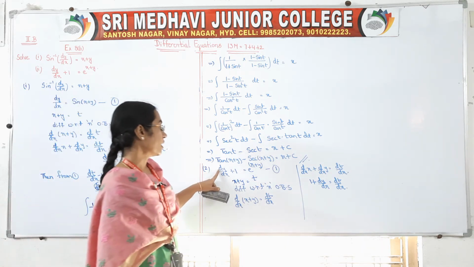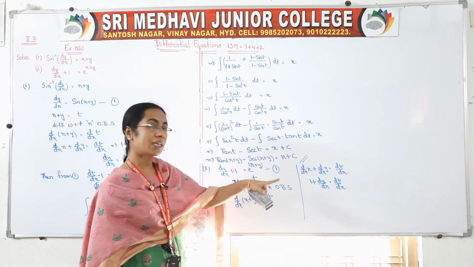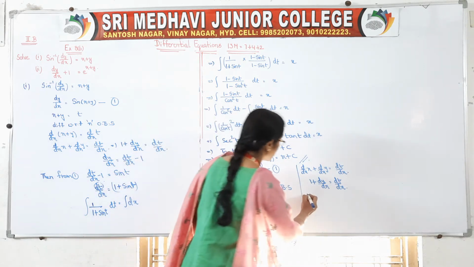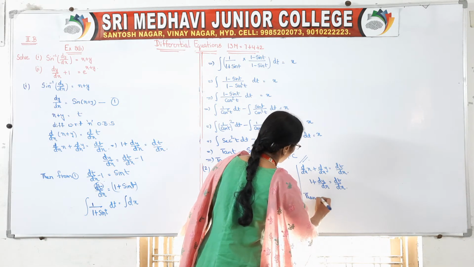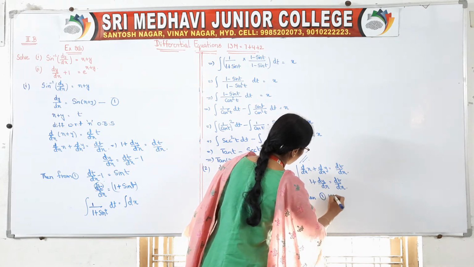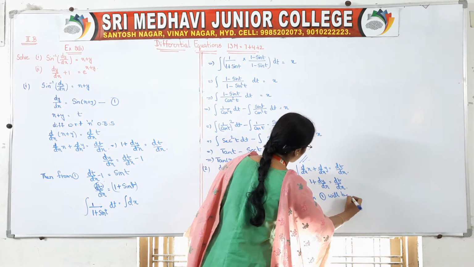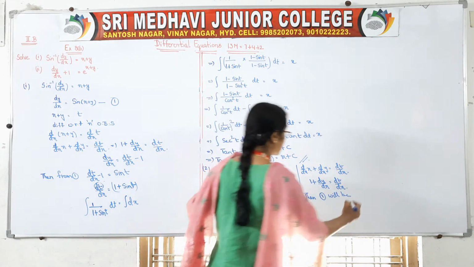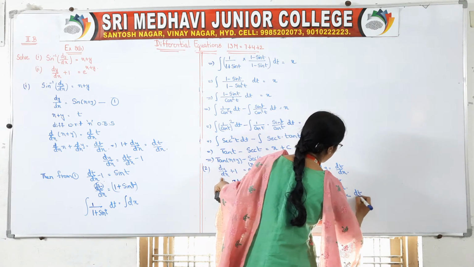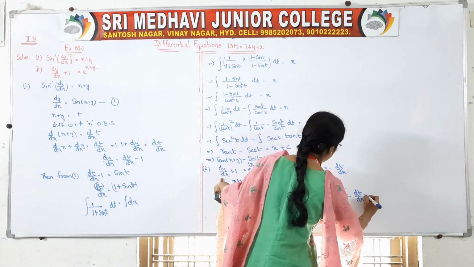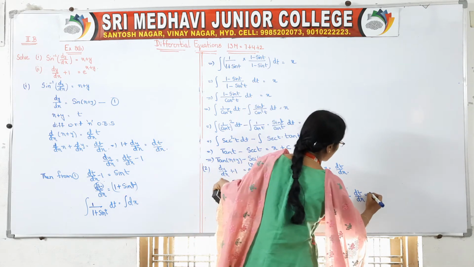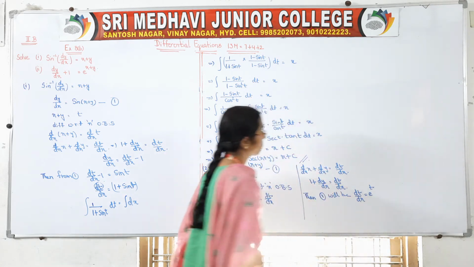So dy by dx plus 1 is nothing but dt by dx. So our first equation becomes dt by dx is equal to e to the power of t.